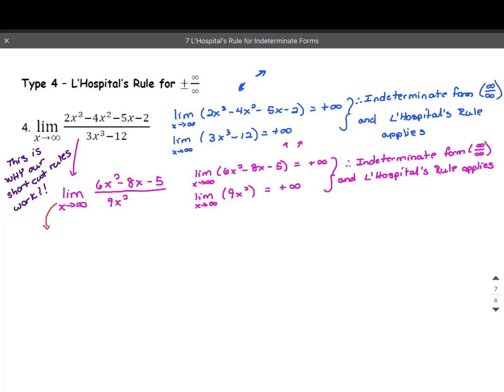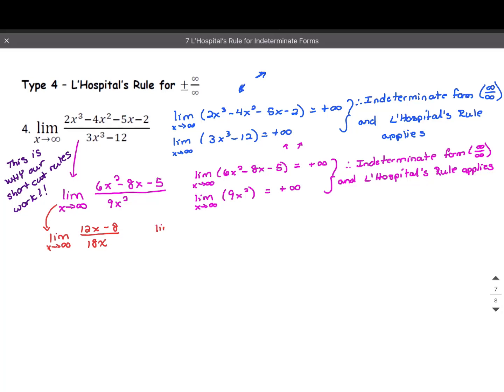So now we have to take this limit as x heads to infinity. Now the derivative of 6x squared is 12x, minus the derivative of 8x is 8. The derivative of 5 is 0. On the bottom, the derivative of 9x squared is 18x. Okay, now if we try to do the limit again, the limit as x heads to infinity of 12x minus 8.